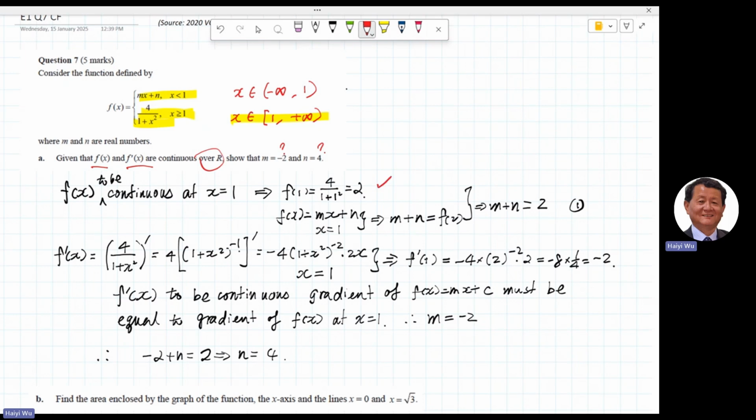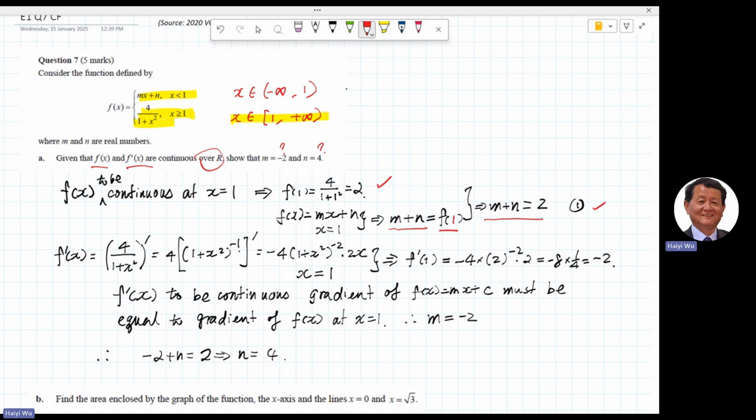For those two functions connecting together at x equal to 1, if I replace x with 1 in the first equation, m plus n must be equal to f(1), which is the second equation. Therefore, we receive this equation: m plus n equal to 2. This is equation number 1. We still don't know what m and n are.